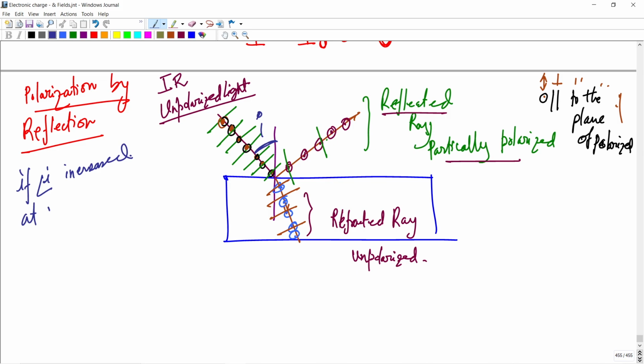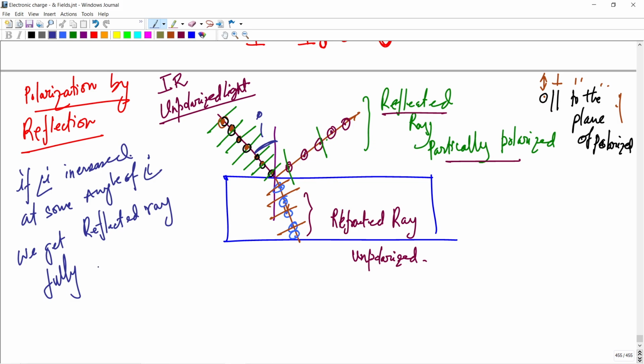At some angle of i, we get the reflected ray fully polarized. This angle is called Brewster's angle, another name is i_B, and this i_B is called Brewster's angle.